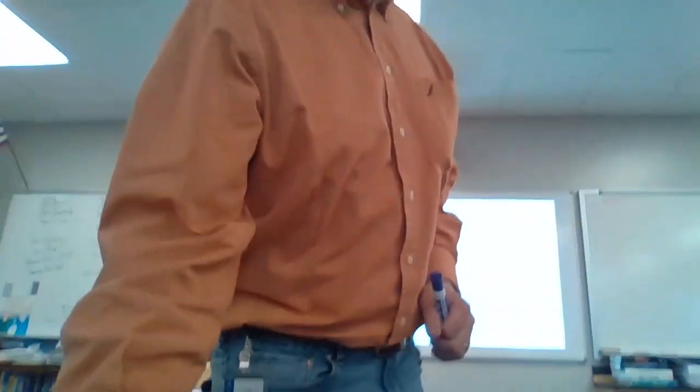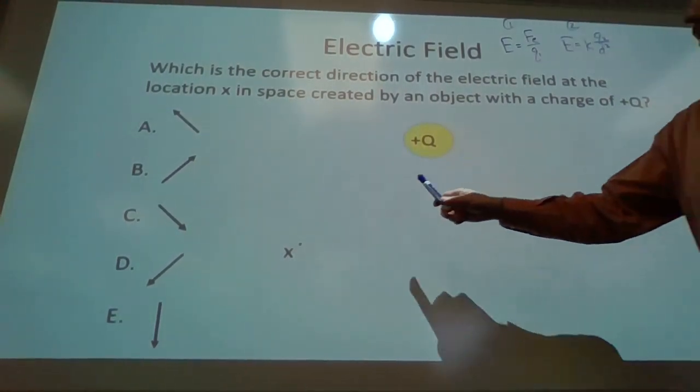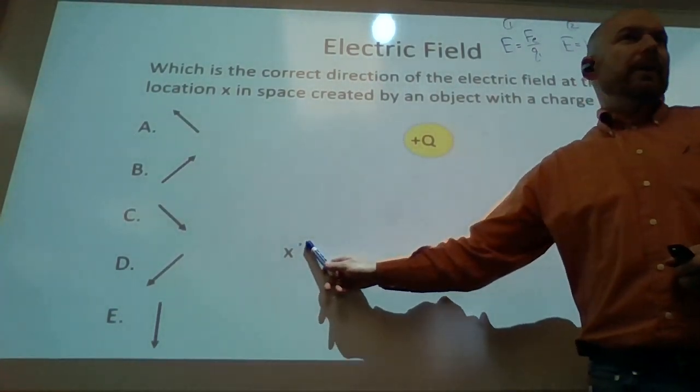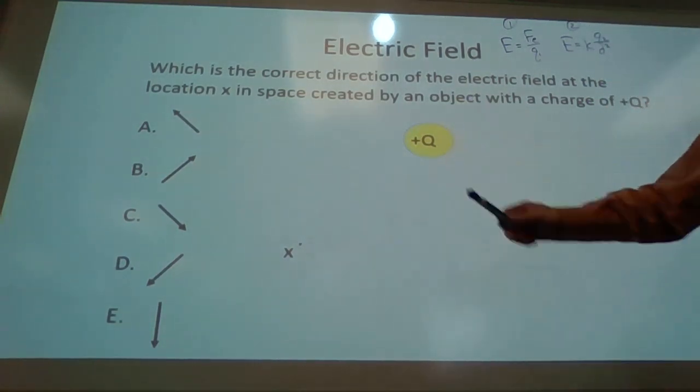Okay. All right, I want to know the direction of the electric field at point X from that charge.